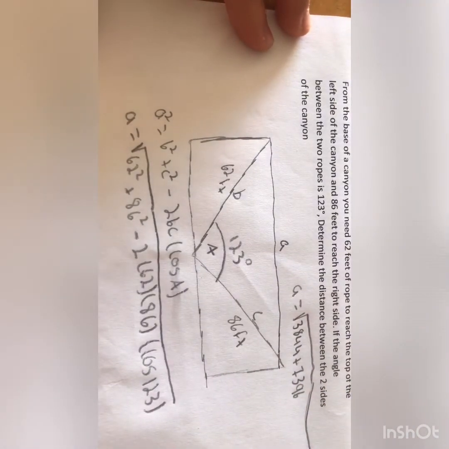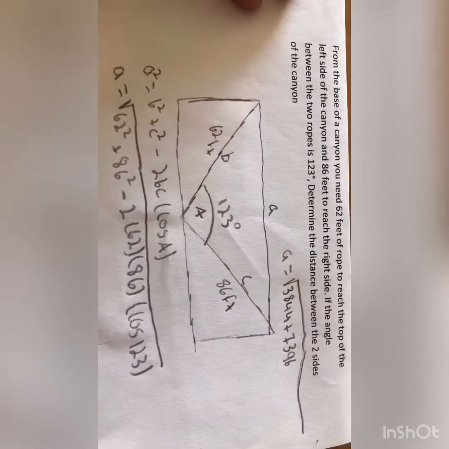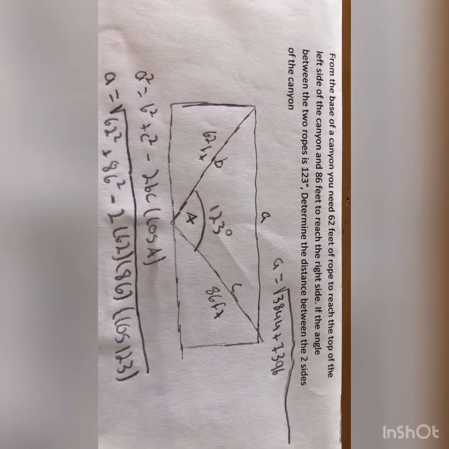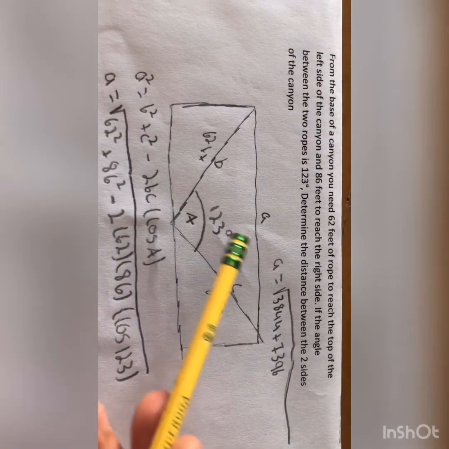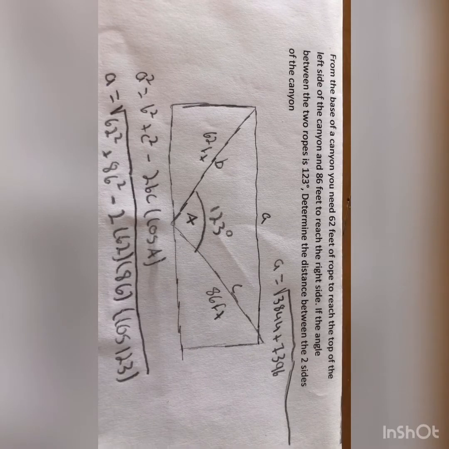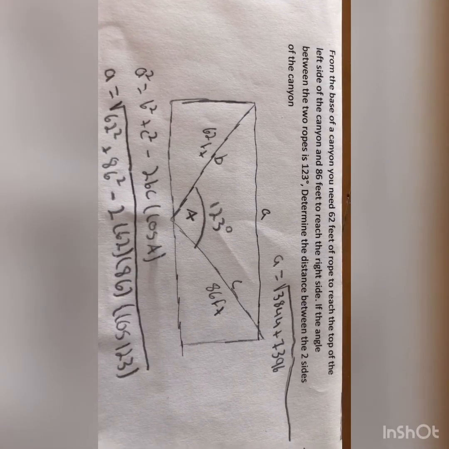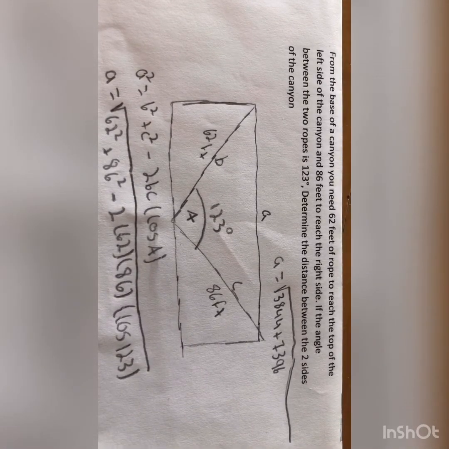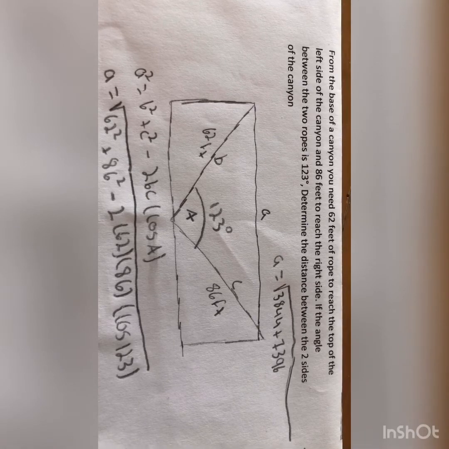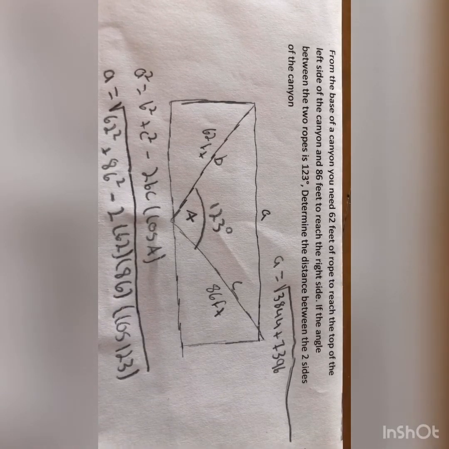And here's a trick: since the angle is higher than 90, there's a rule that if it's from 0 to 90, cosine is a positive number, and if it's from 90 to 180, it's negative.